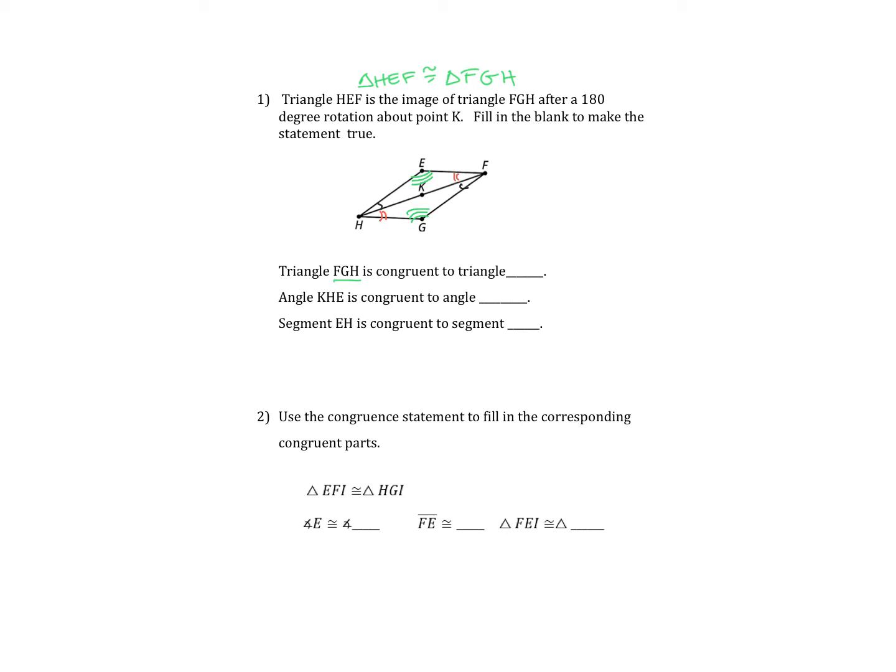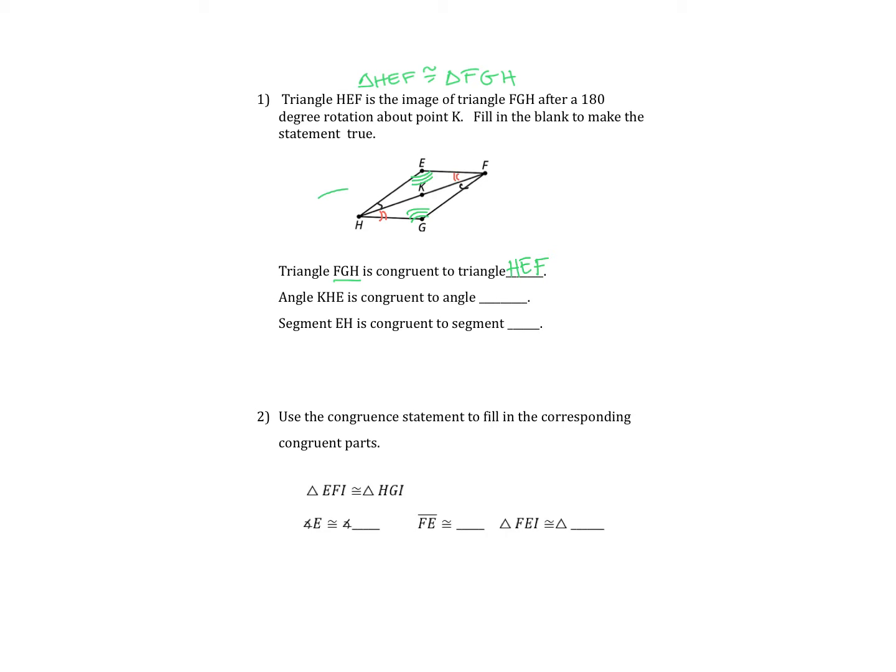So we just talked about how my F goes down to my H. Those are my double red arcs I'm looking at. G goes to E. Those are my green triple arcs I'm looking at. And H goes to F. Those were the single black arcs I was looking at. So now angle KHE.